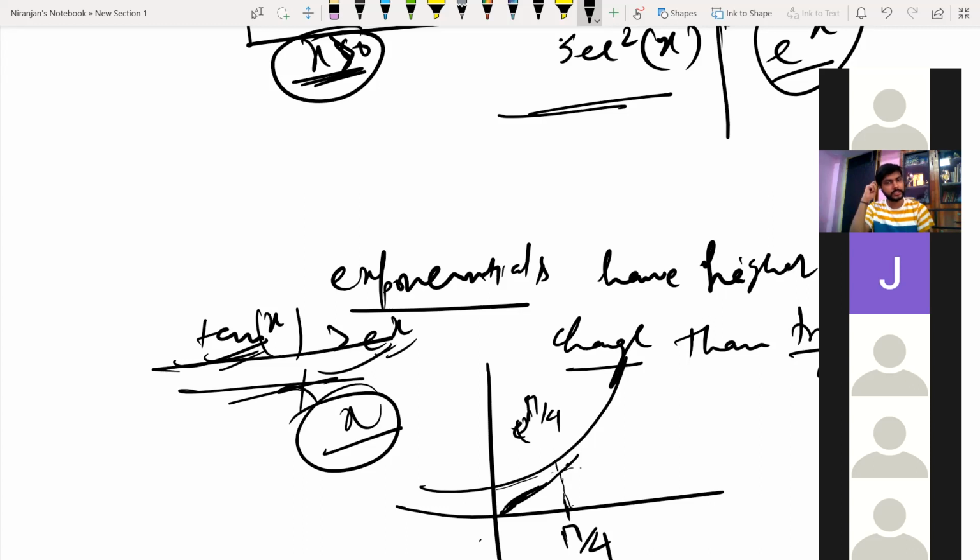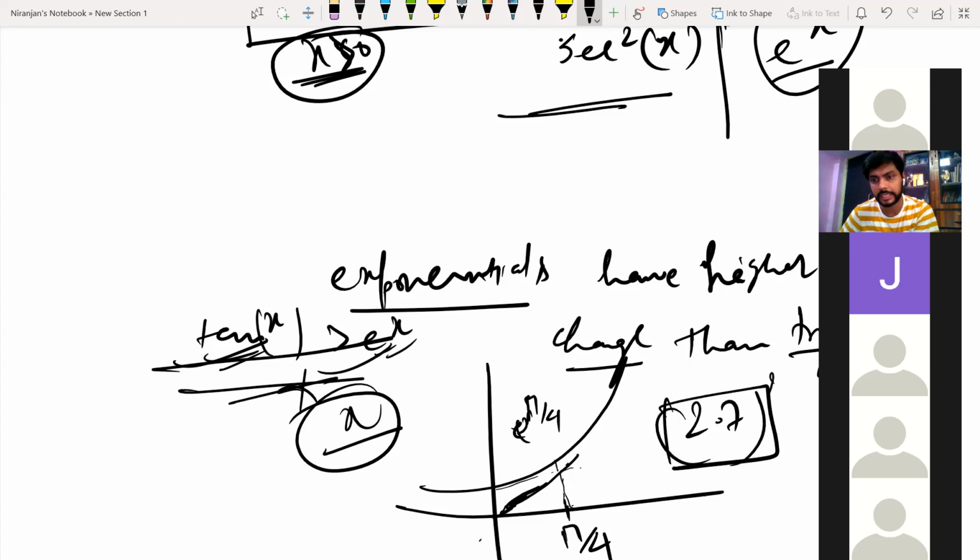I mean, you can think of it logically: what is the value of e? The value of e is 2.7 something, right? And you are taking the power of that number. So you are going to get a value more than 1. So can you say that this is going to cross e to the power x at any point? Can you say that? You can't. No, right?